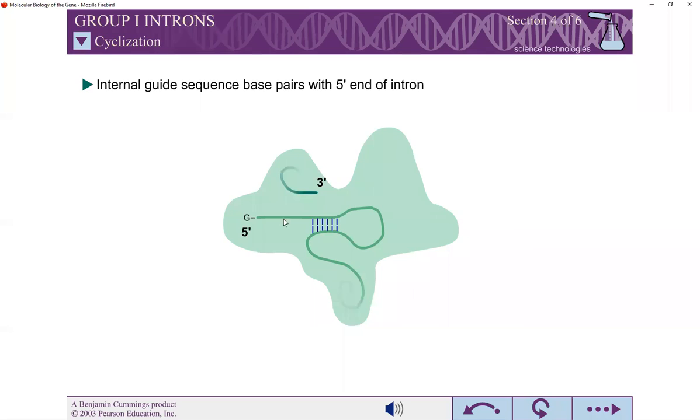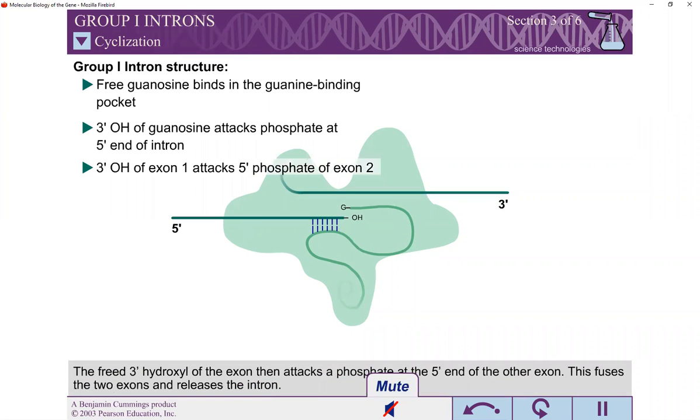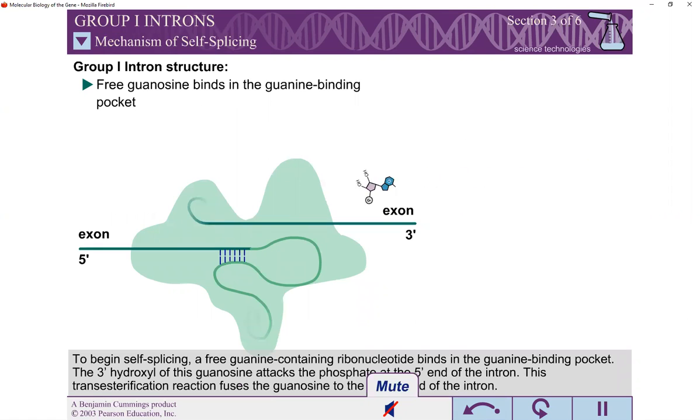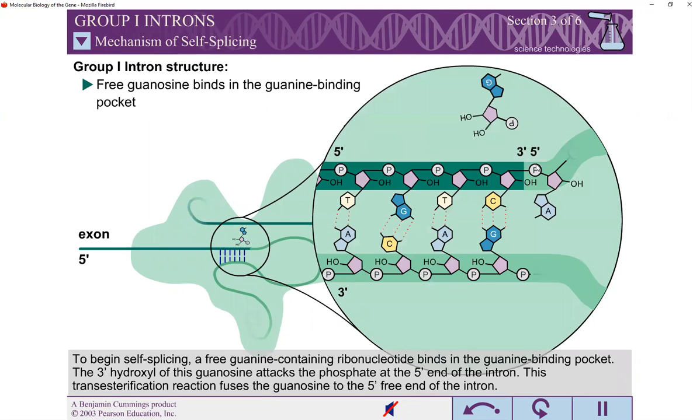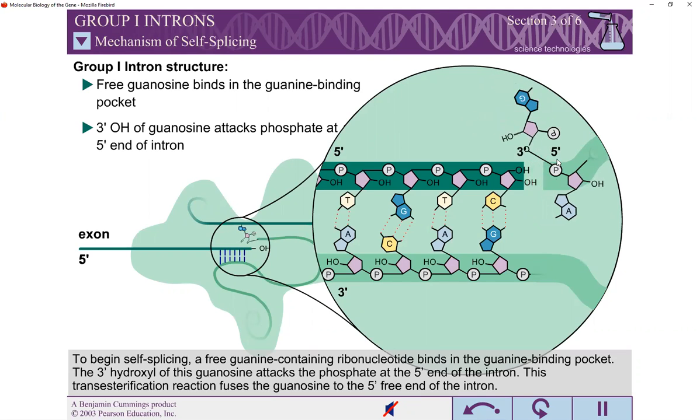Next point. Okay, so this is how the reaction has occurred. I have already told you in my previous slide in what manner the reaction has occurred. See, the guanine molecule was coming at the guanine binding pocket. The cleavage was taking place. The first exon was being cleaved by the joining of the intron and the guanine residue together with each other.